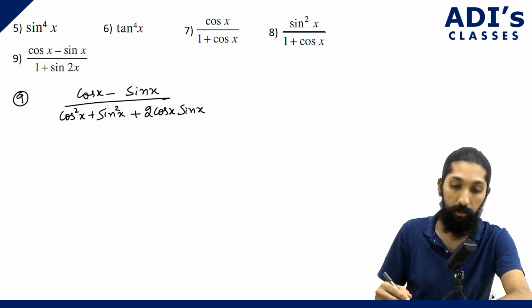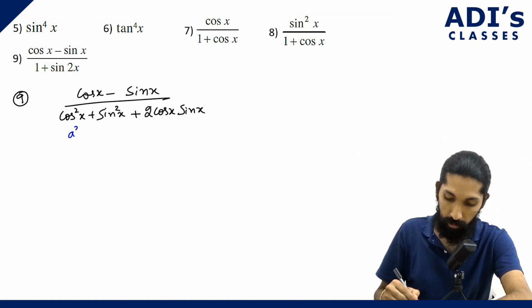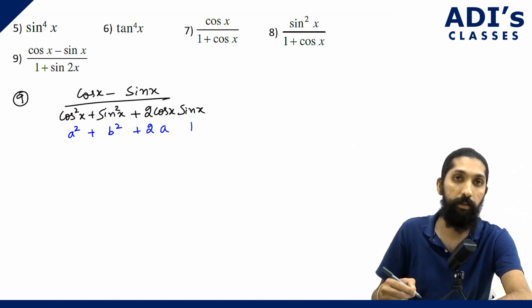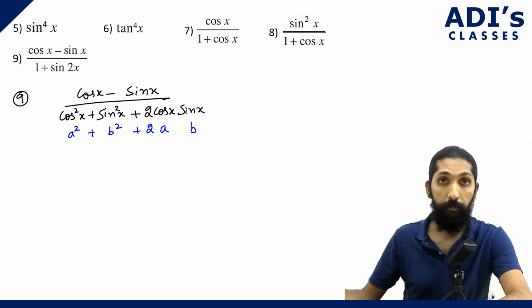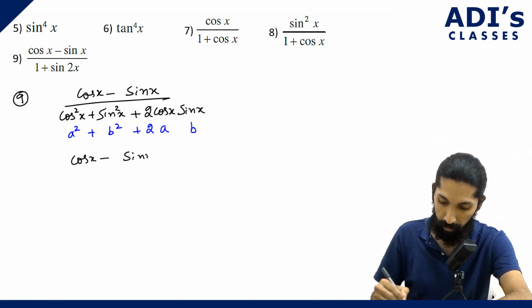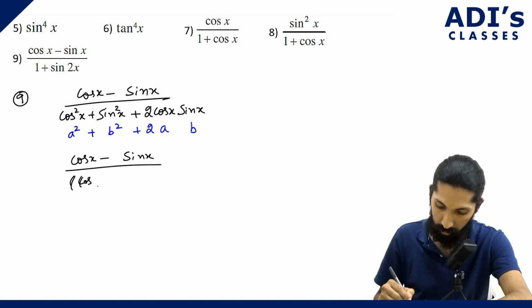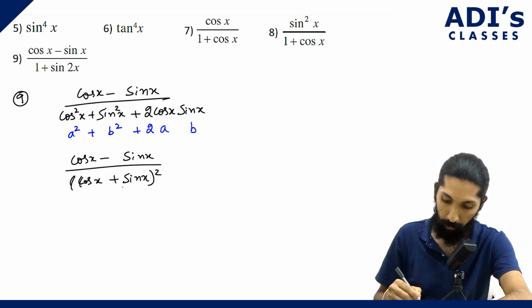If you look at the denominator, see this a square plus b square plus 2ab, correct? Which is a plus b whole square. So here cos x minus sin x by cos x plus sin x whole square. Now I will call it as this with dx, right?